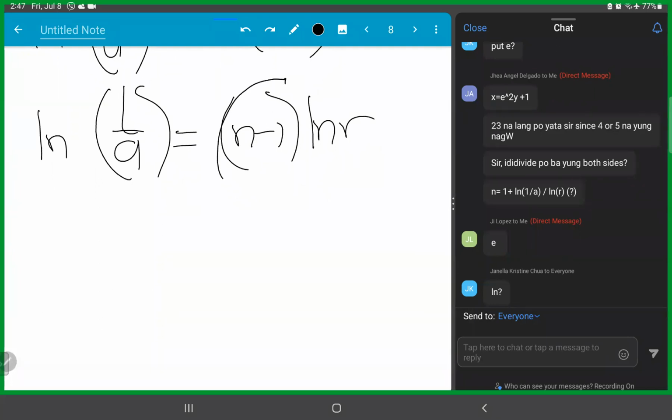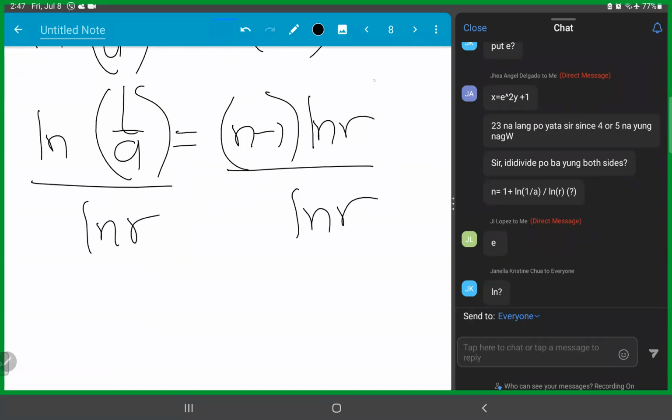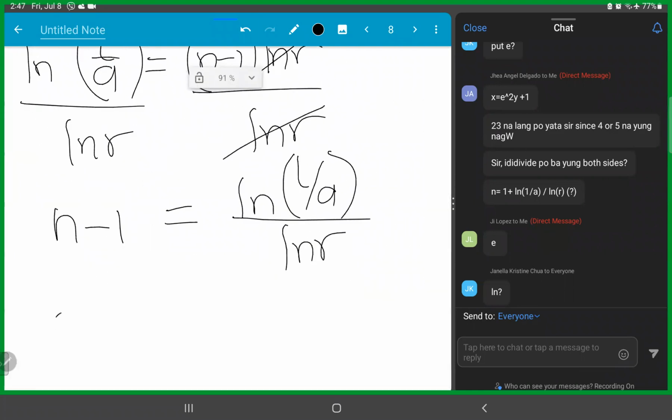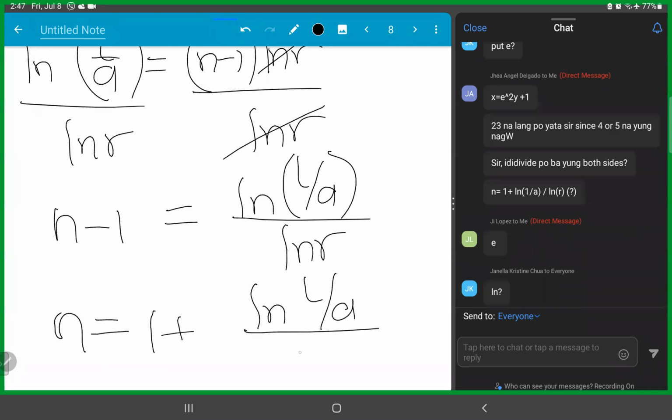Since you want n, divide by ln r so there's no ln r on the right-hand side and n remains. Switch sides. Then move the 1. Yeah, that's the answer.